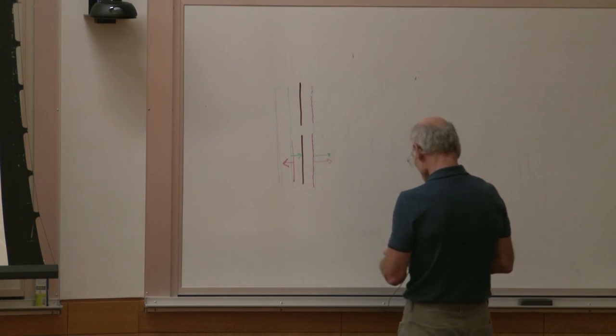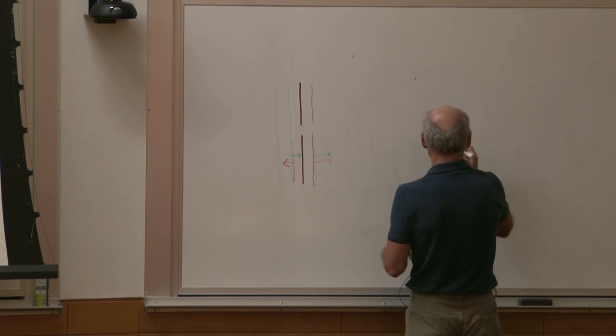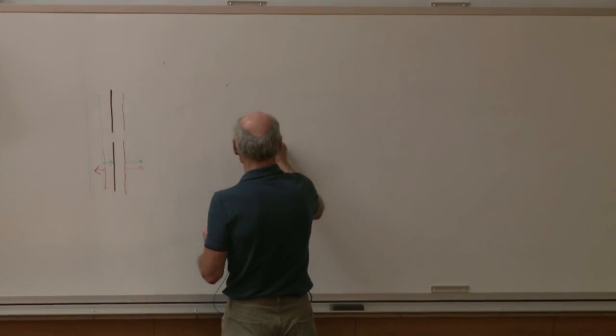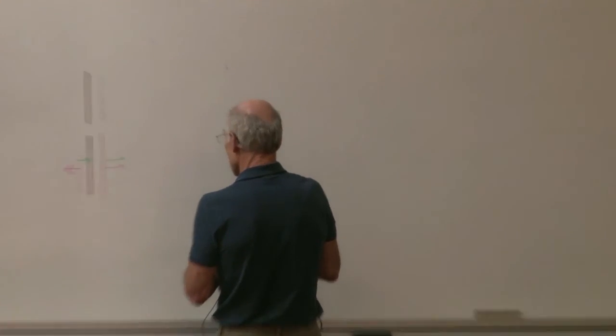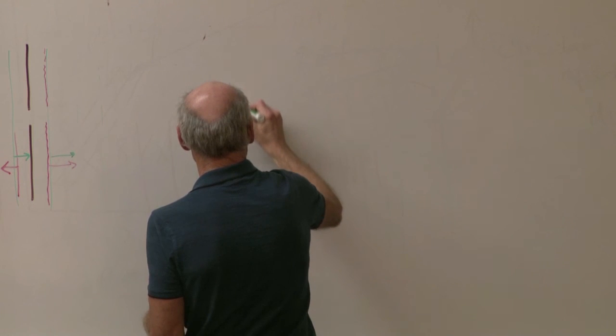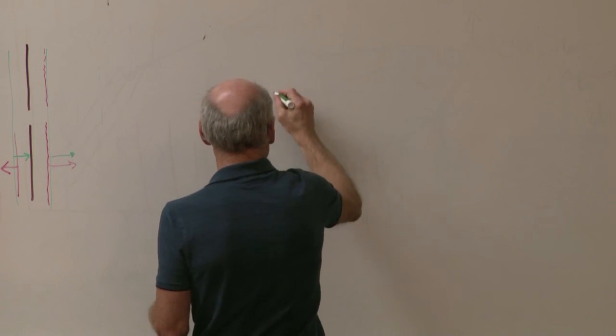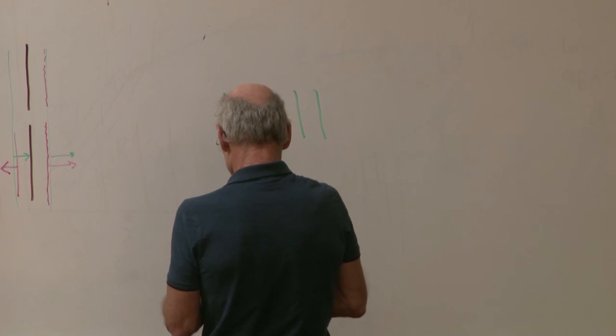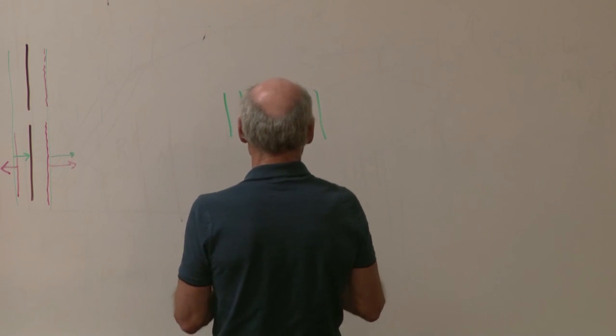So maybe now to redraw the obstacle, you may all draw a particle again. So here comes the incident wave. Here comes the secondary wave.